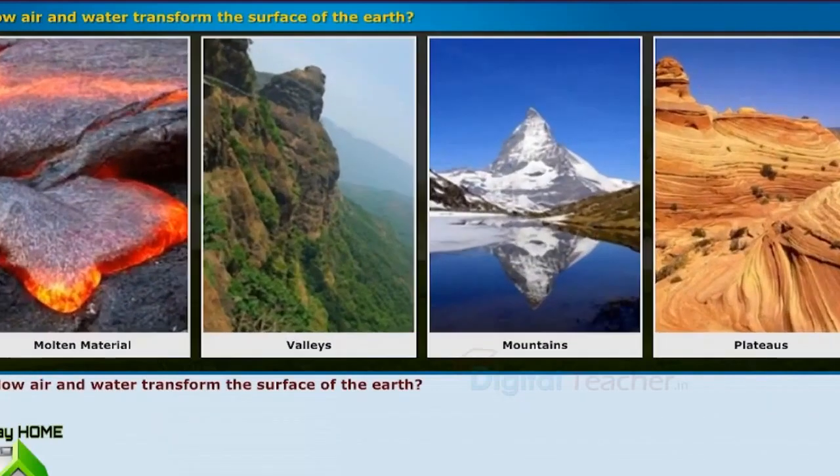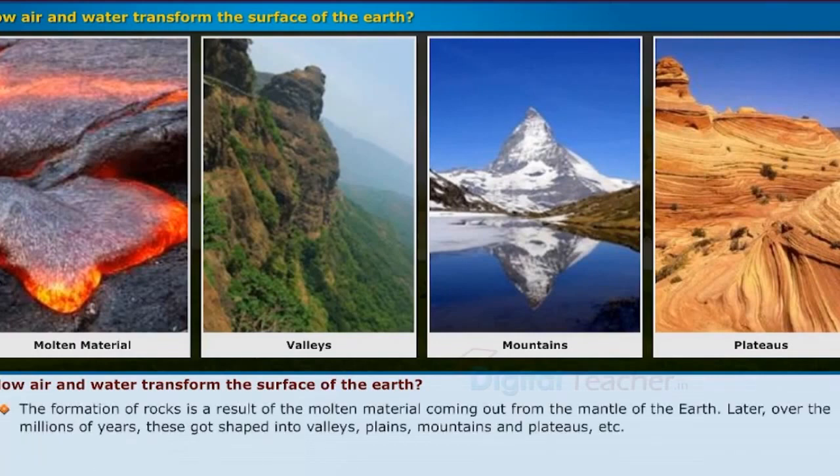Now, let us look at how air and water transform the surface of the earth. The formation of rocks is a result of molten material coming out from the mantle of the earth.